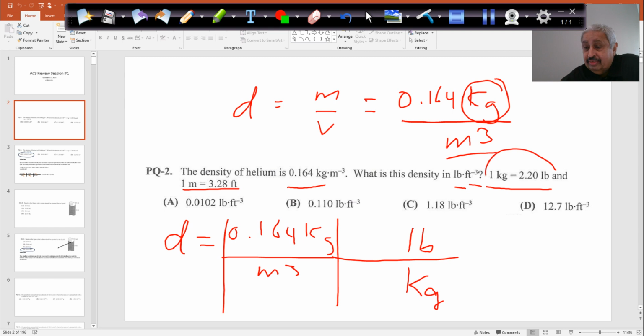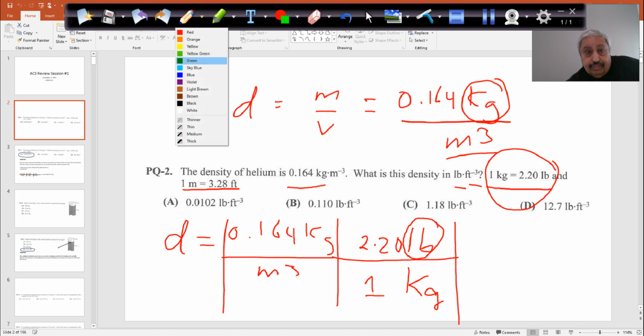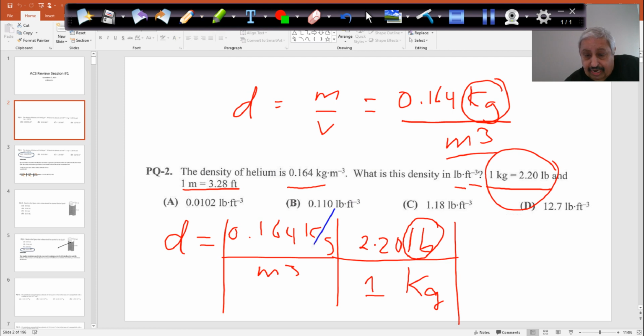I use this to my advantage here. 1 kilogram is 2.20 pound. So here we get the pound first as a mass, correct? Then next, we can take the units out, cancellation. Keep an eye on unit cancellation, kilogram to kilogram out.